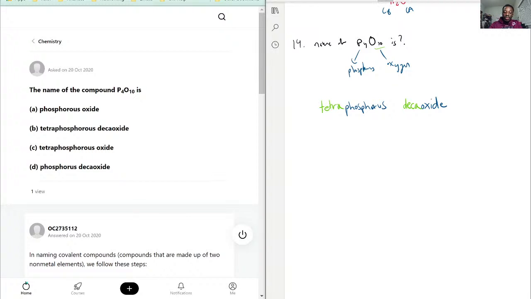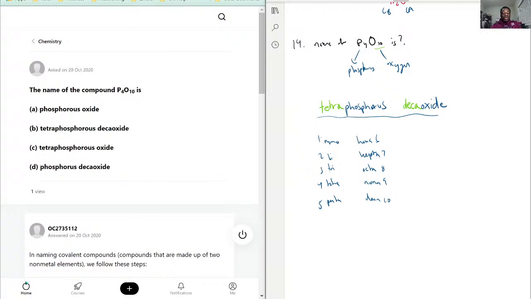So we have, for example, mono, di, tri, tetra, penta, hexa, hepta, octa, let's see, what else is there? Nona and deca. And each one of them is 1, 2, 3, 4, 5, 6, 7, 8, 9, 10 respectively. Okay, and that's how we were able to get this name here.